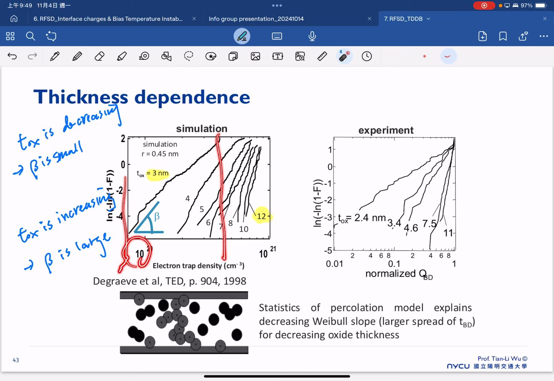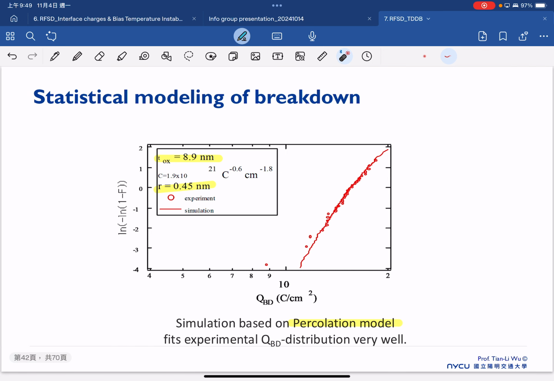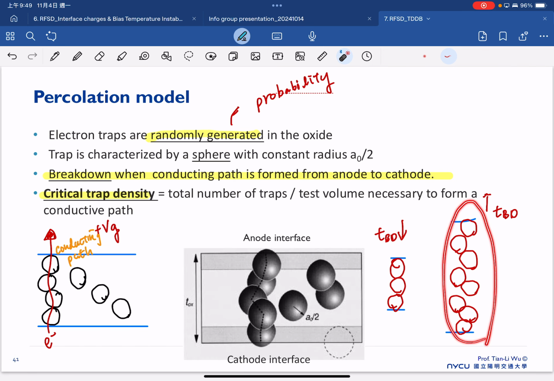This can also be understood by the thickness dependency, because if we have a very thick dielectric, as shown here, forming the conducting path needs many defects, and therefore the distribution will be much tighter, because it's not easy to form the conducting path.